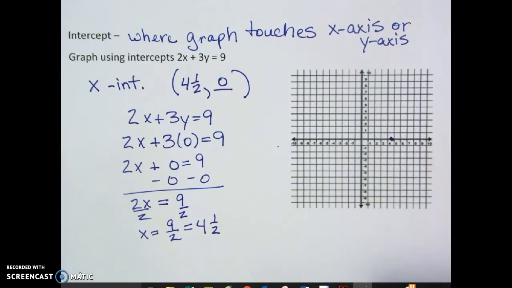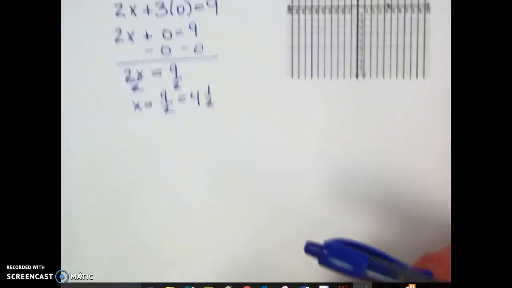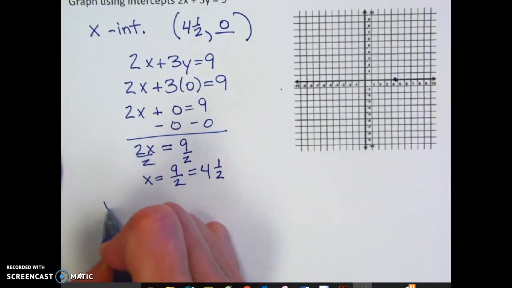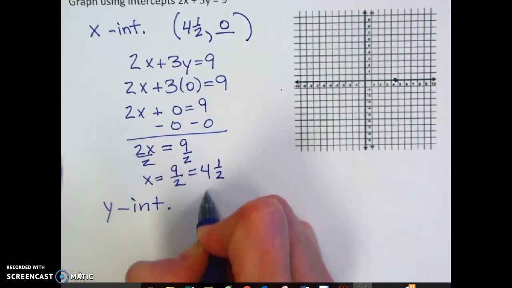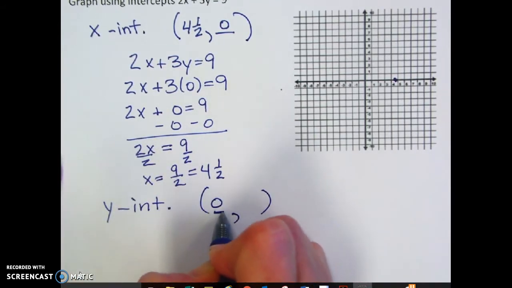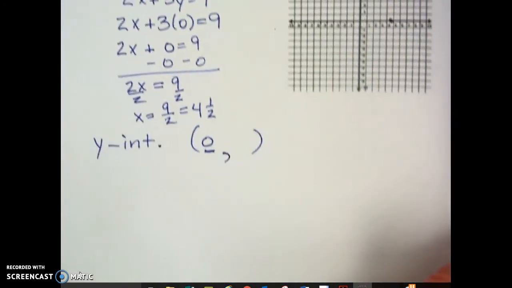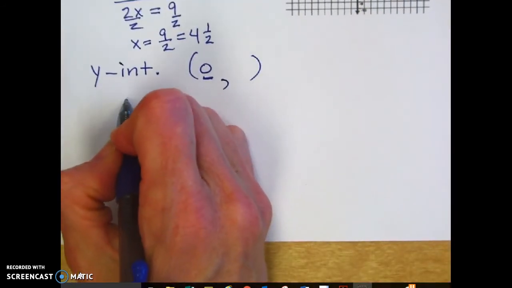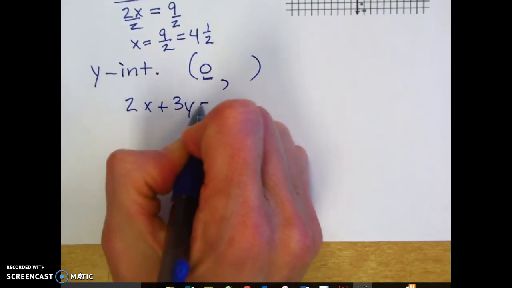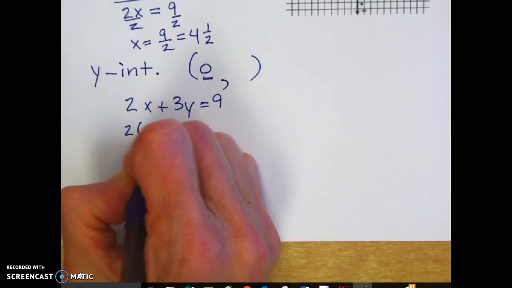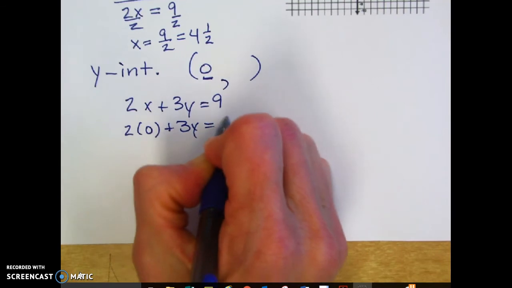Now I'll do the same thing, only kind of opposite here, for the y-intercept. So my y-intercept is going to be where my x value is 0. So I'm going to substitute back into this equation, only I'm going to put 0 in for x and solve this for y.